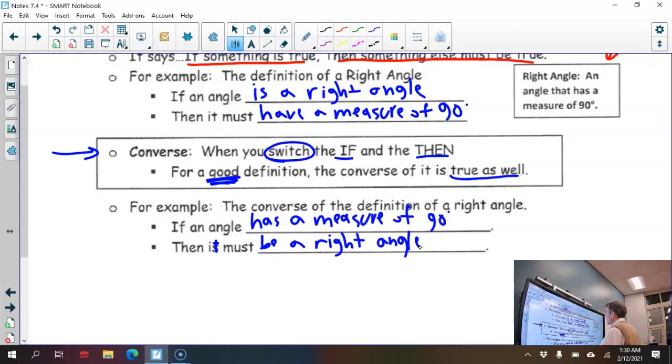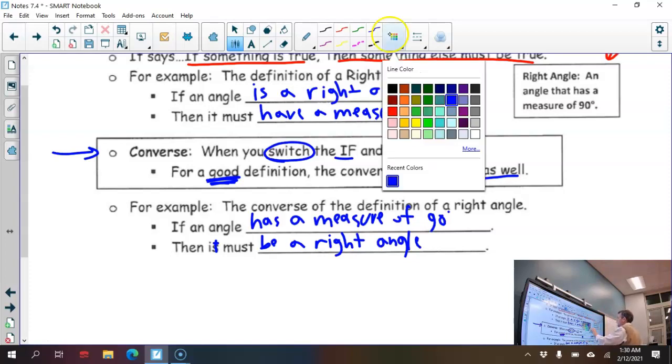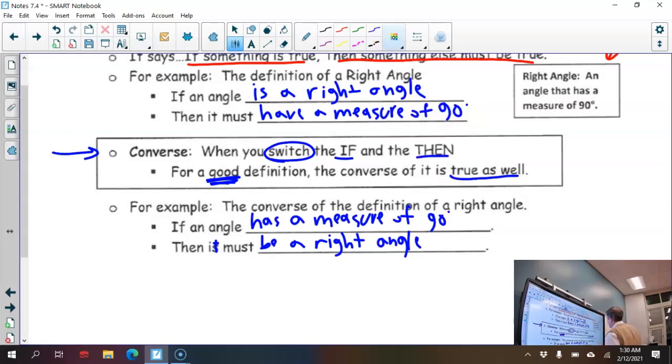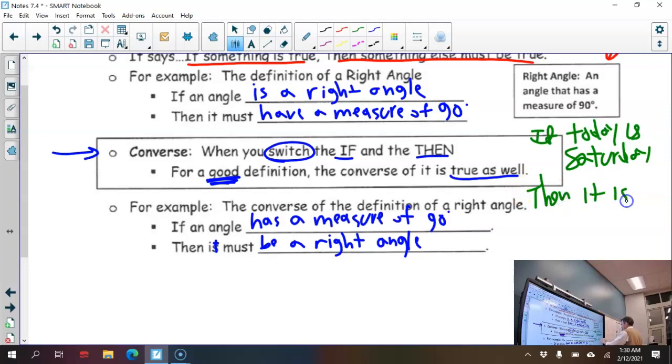That does not work for all statements. Let me think of one that it does not work for. For instance, if today is Saturday, then it is the weekend.